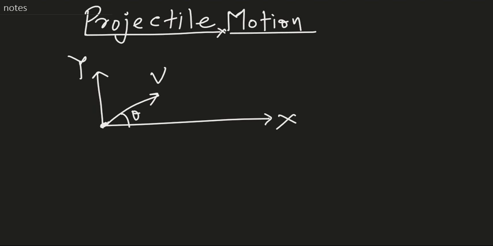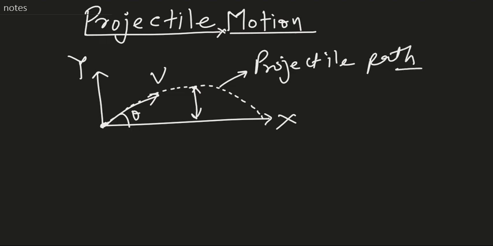So the path of this particle will be like this. This path is known as the projectile path.